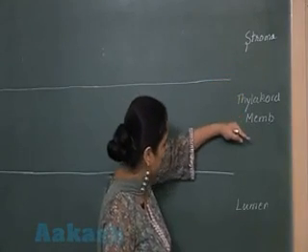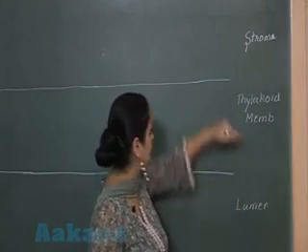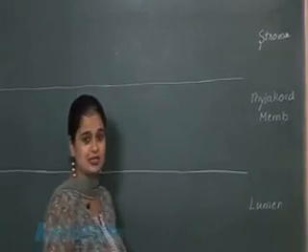So this is the membrane, this is the thylakoid lumen, and the outer side represents the stroma.